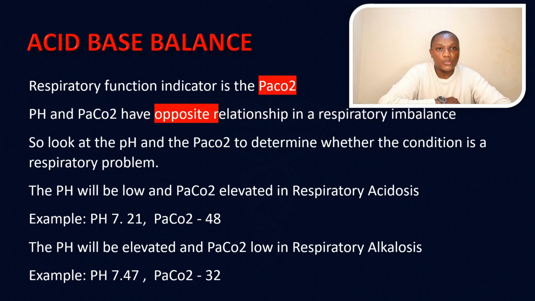For example, you can have a pH of 7.21 and a PaCO2 of 48. In respiratory alkalosis, the pH will be high and the partial pressure of carbon dioxide will be low. For example, a pH of 7.47 and a PaCO2 of 32.